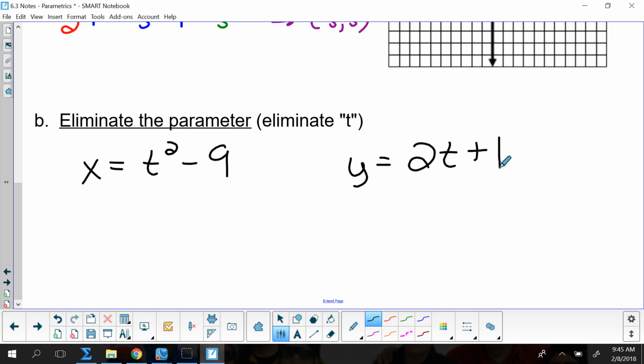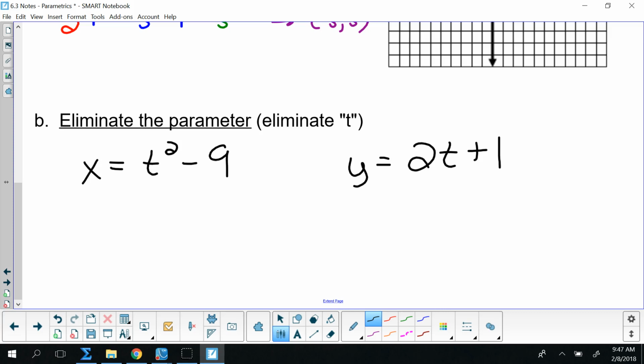So, let's brainstorm. How do you think we could go about getting rid of t in both of those equations? What do we think? All right, what do we come up with?